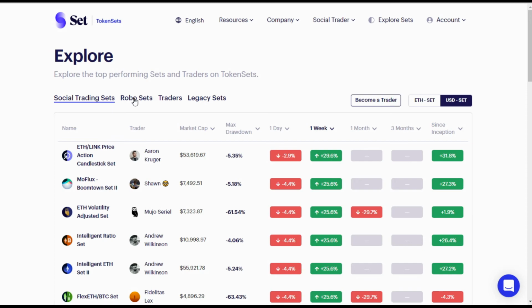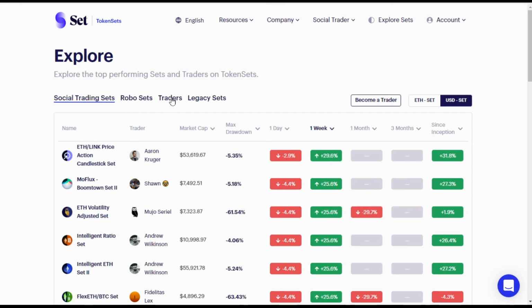They're probably constantly looking at all the algorithms, tweaking here and there if things are changing in the markets. But the reason why it's a robot set is that even though they're implementing the algorithms, it's the robot or the algorithm itself that is taking care of the trading. So just bear that in mind.